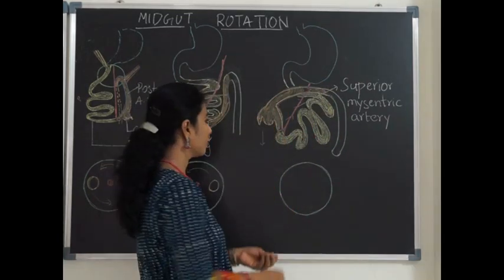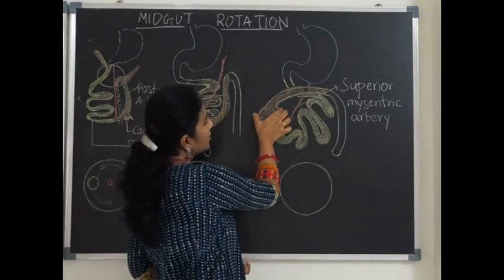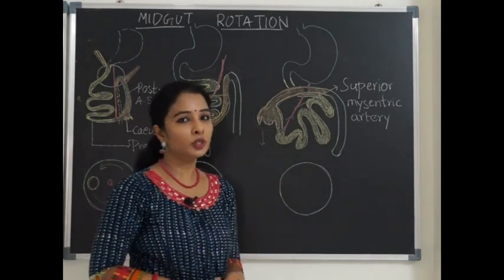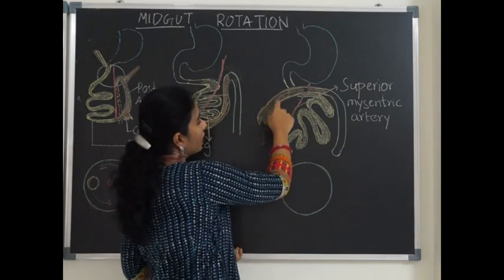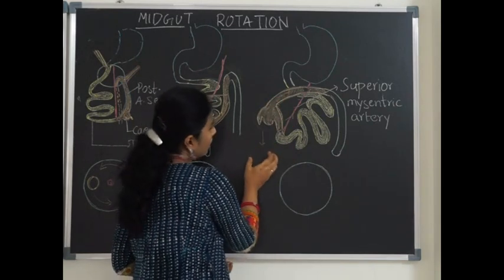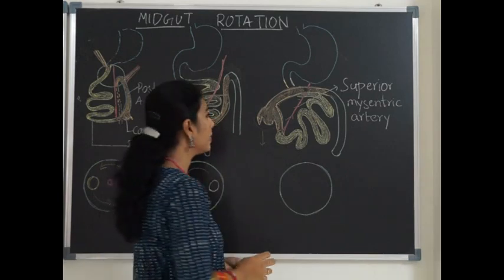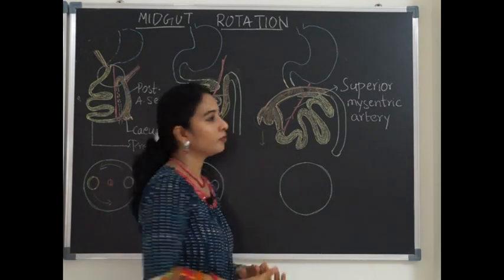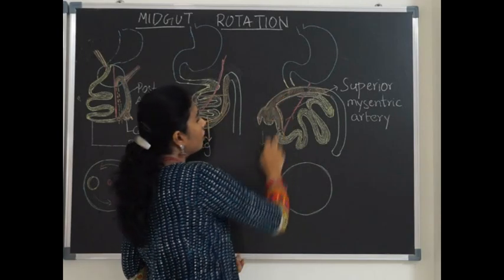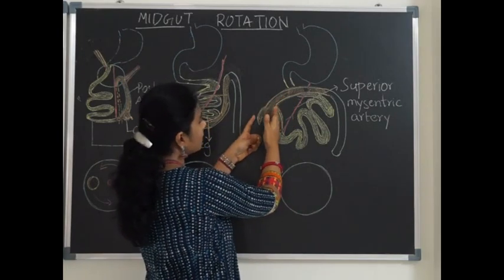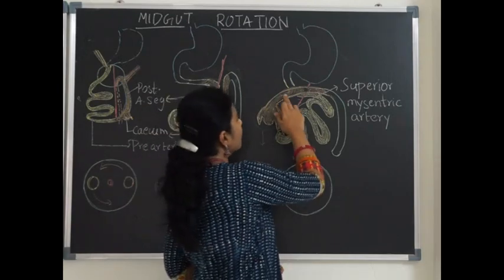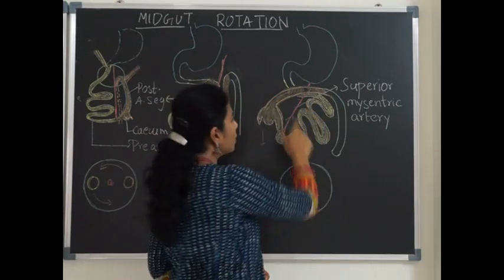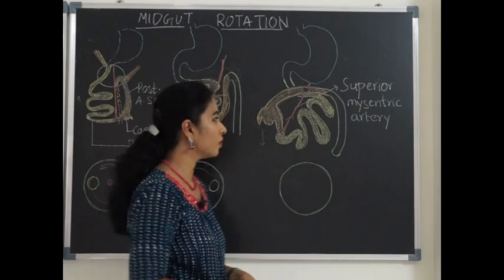Initially the cecal bud is present in the subhepatic region just below the liver, and later, because of the growth of the colon, the cecal bud grows down, forms the cecum and the appendix, and settles in the right iliac fossa. The rest of the colon which attaches to the cecum from above is called the ascending colon, and further it takes a hepatic flexure to form the two-thirds of the transverse colon.